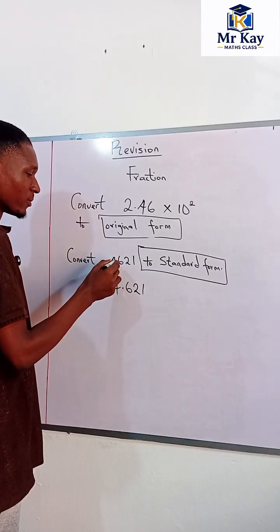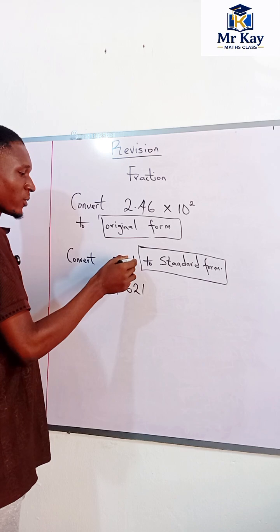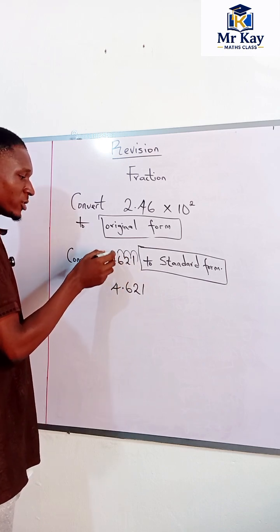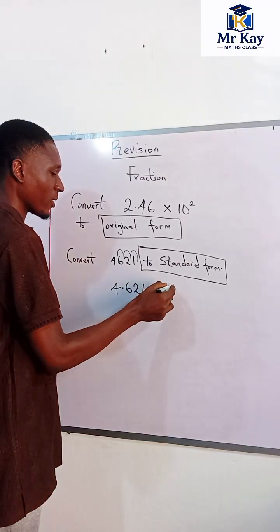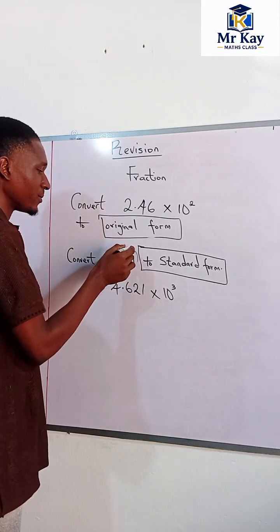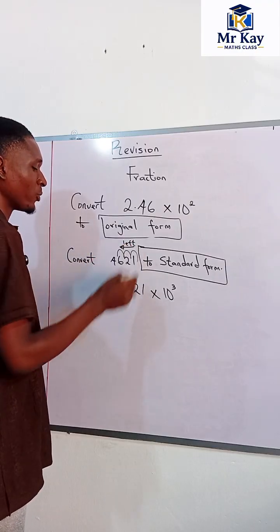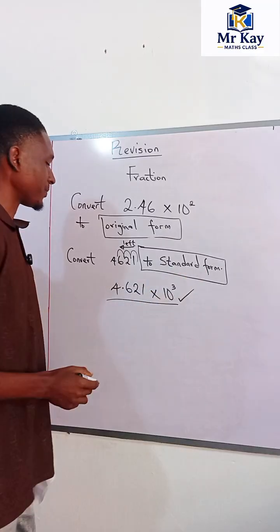Yes, you must have only one number before the point. But since the number was here before, that means you have moved the point how many times? 1, 2, 3. Therefore, it's definitely going to be 10 raised to the power of 3. And remember, here you move it to the left. When you move it to the left, it's going to be positive, which is going to be your answer.